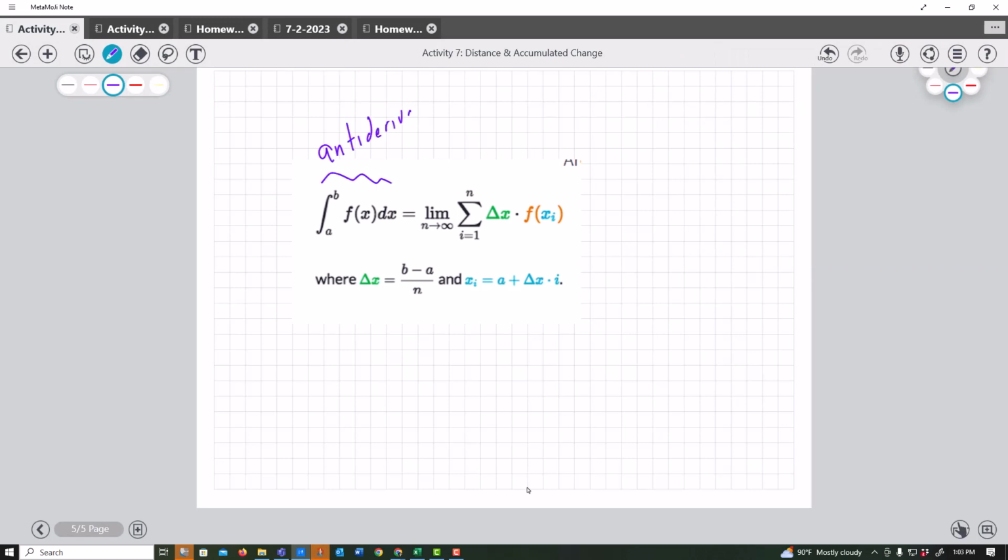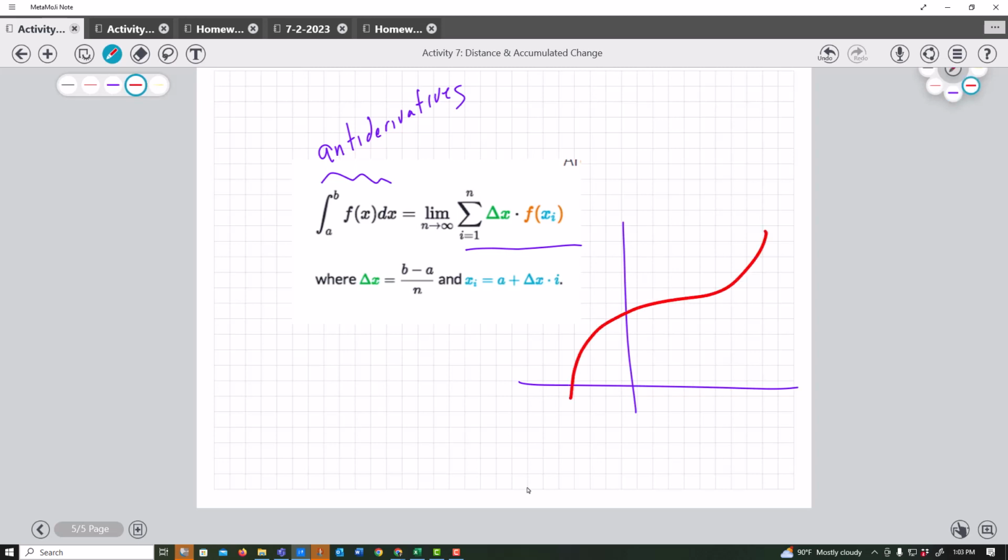This is antiderivatives. The first part we're looking at is this piece right here, where all this is saying is if I have a graph, so let's say my graph looks like this, and I want to find the area underneath the graph, then what I'm doing is taking the height, which is the f of x, so that's the height of the graph, times the width of this rectangle.